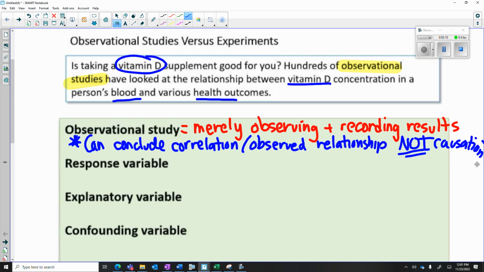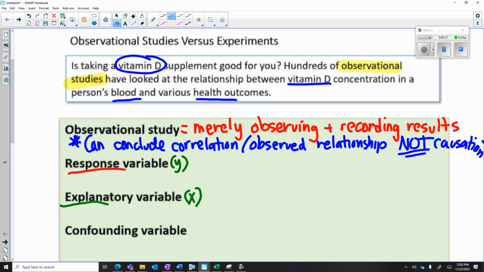Okay, so now there are two types of variables we're talking about: an explanatory variable and a response variable. We talked about in the last unit that the explanatory variable was the variable that went on the x-axis, and the response variable went on the y. Similarly here, the explanatory variable is the one that's explaining what's happening, and the response variable is what is responding as a result.